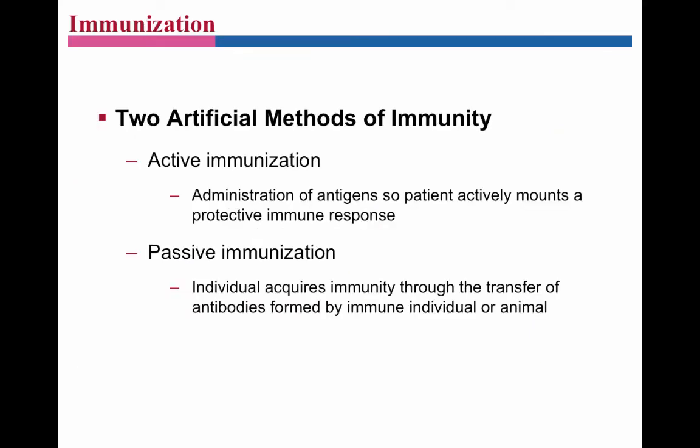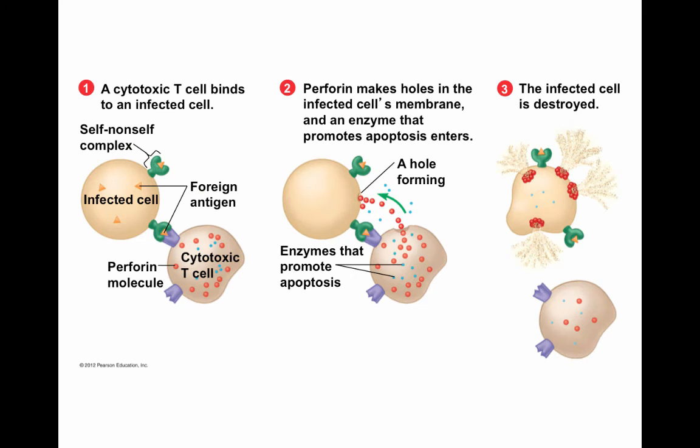All right. Now, of course, in all of these cases that we've just looked at with T cells and B cells, this is active immunization. Your body is actively responding to an invading pathogen. But how can we get this response without actually getting sick, right?